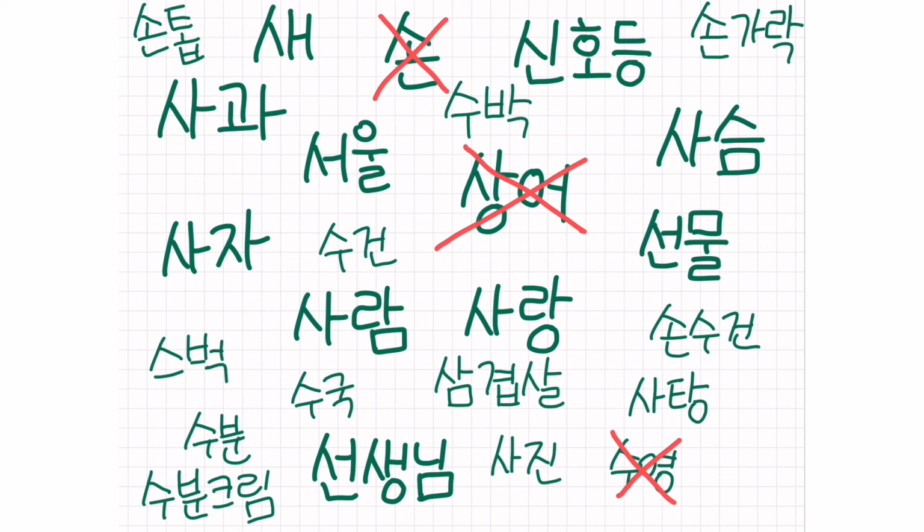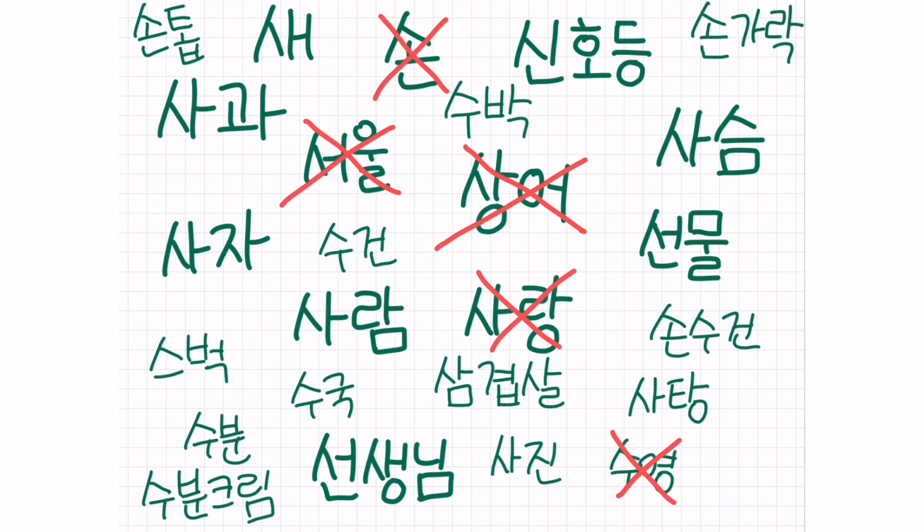서울, Seoul, right? 사랑, love. It's very like out there. And the next word is 사람. It's right next to each other.